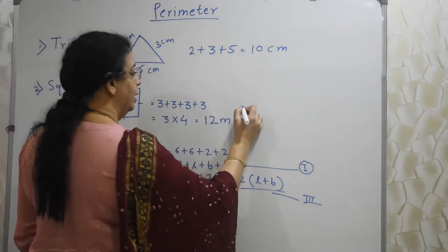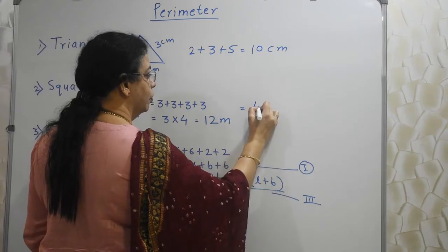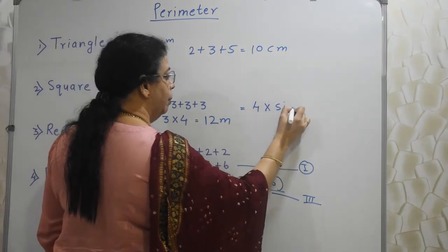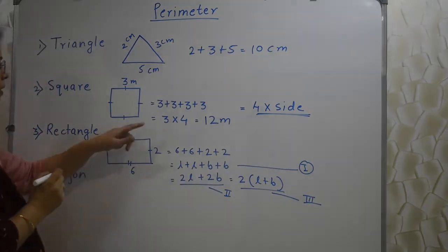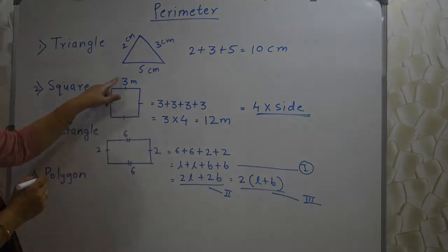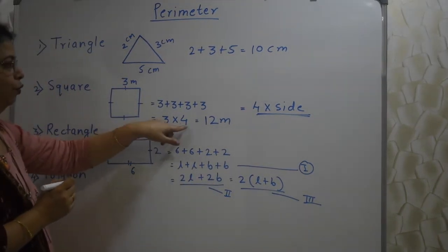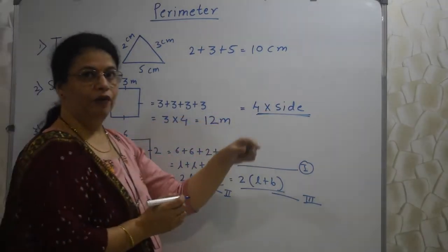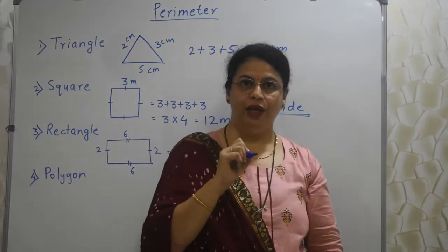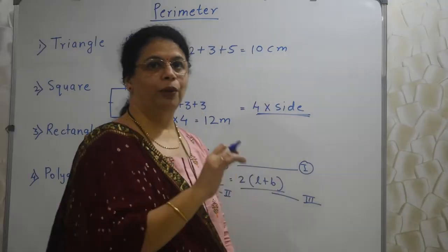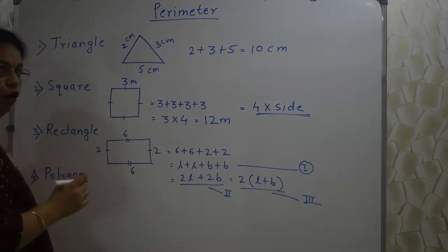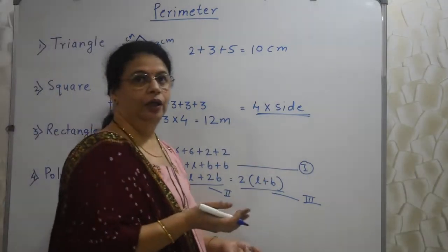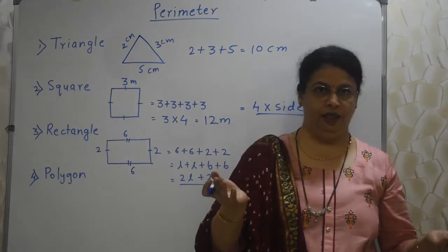See, here we will write the formula for the perimeter of a square. 4 into side. Side was 3, so we multiplied 3 into 4. So, 4 into whatever measurement of that side of a square is given to you, you just have to multiply. Polygon can be pentagon, hexagon, octagon, anything.